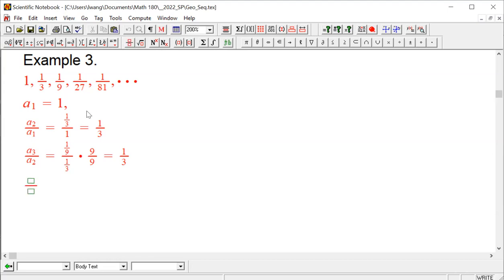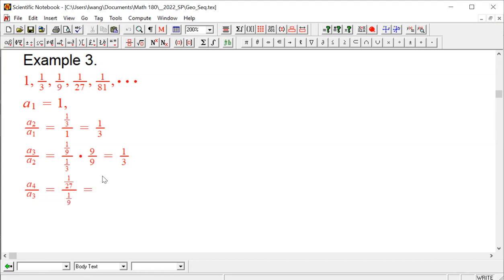So let's do one more. a sub 4 over a sub 3, the ratio of consecutive terms. a sub 4 is 1 over 27 and a sub 3 is 1 over 9.